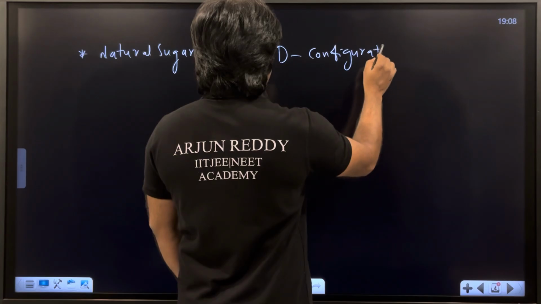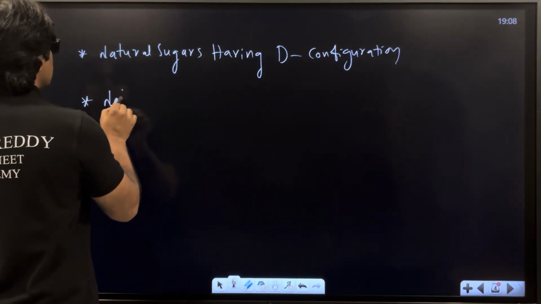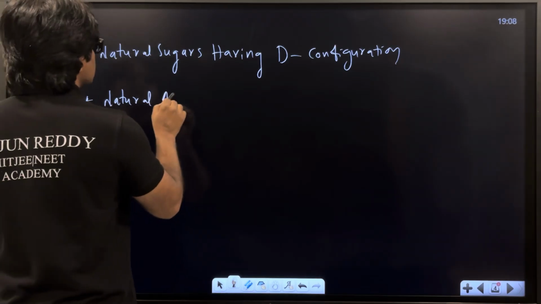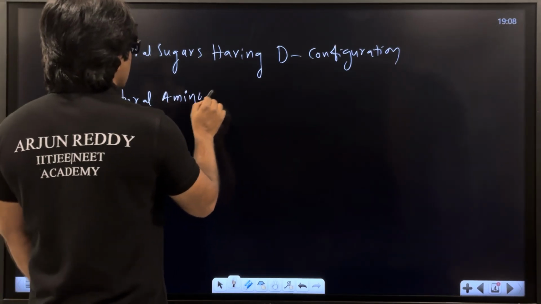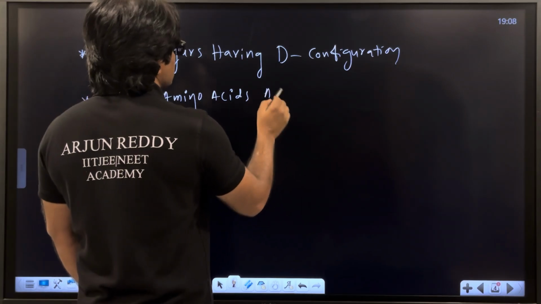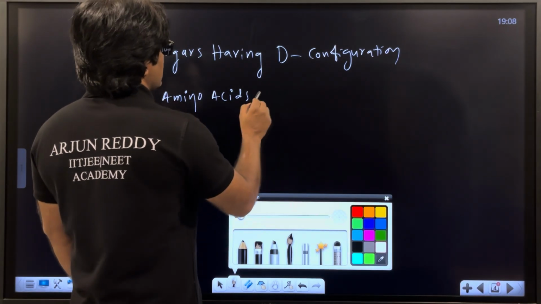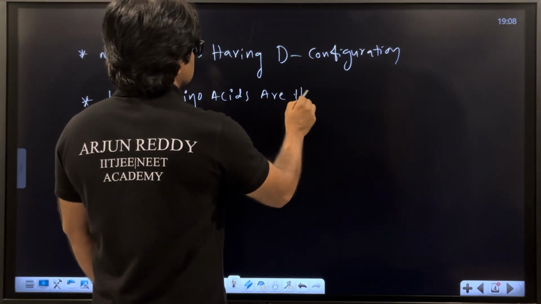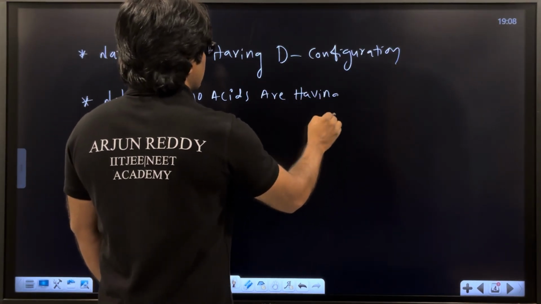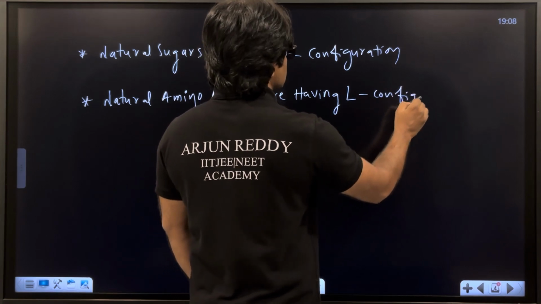Natural amino acids have capital L configuration. Remember these two points.